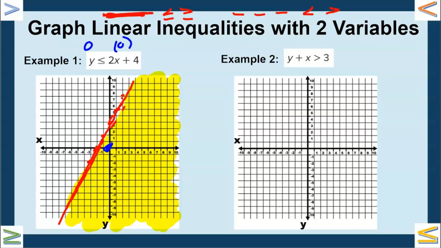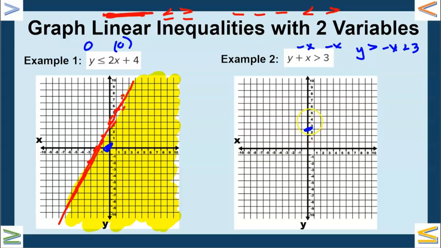Example 2. Here I have y plus x is greater than 3. I need to get y by itself, so I'm going to subtract x on both sides. And now I have y is greater than negative x plus 3. So I'm going to put a point at 3 on the y-axis.